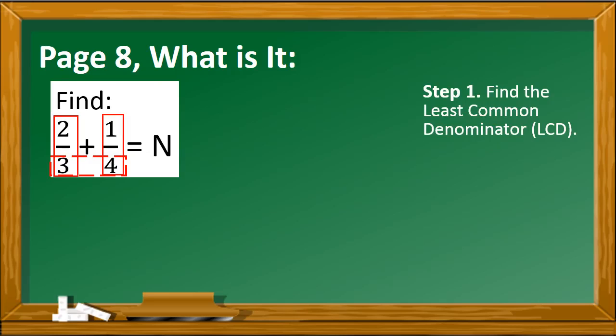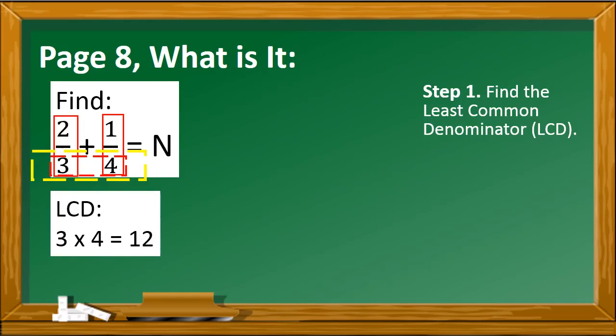Find the least common denominator or LCD. One way to find the LCD of the given fractions is to check if the denominators have common factor. In this case, 3 and 4 do not have common factor. Therefore, we will use these numbers to find the LCD.